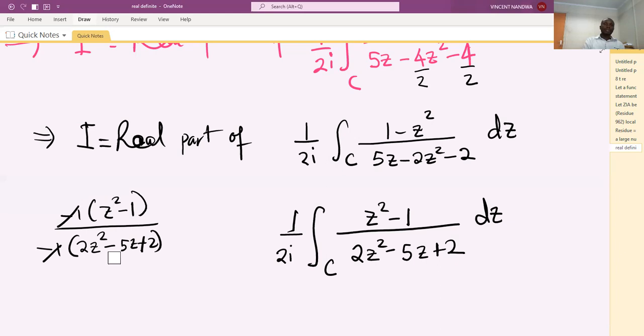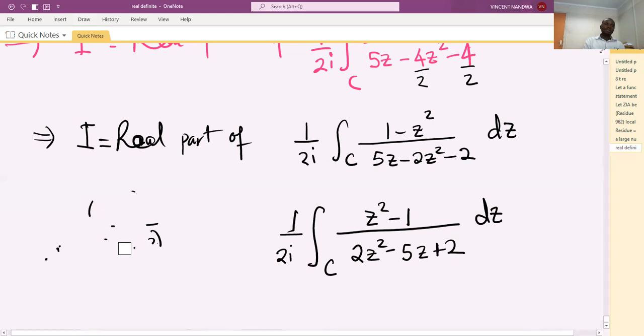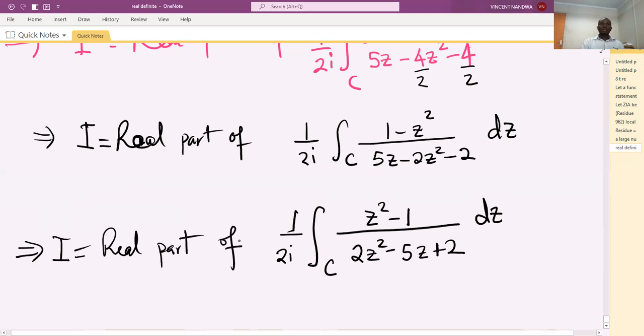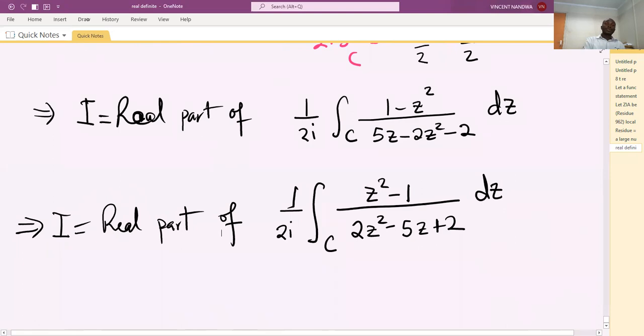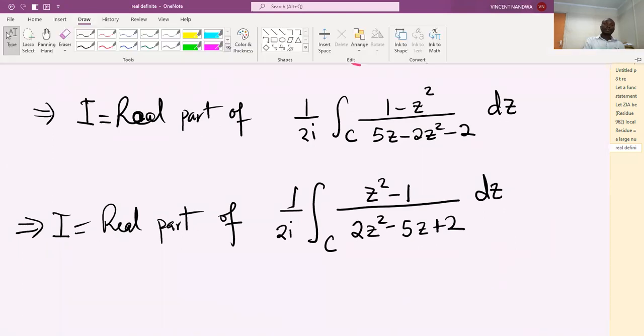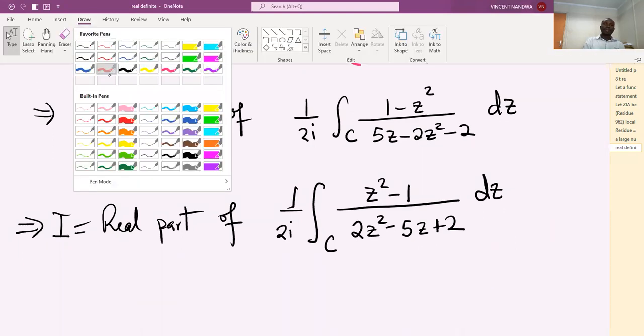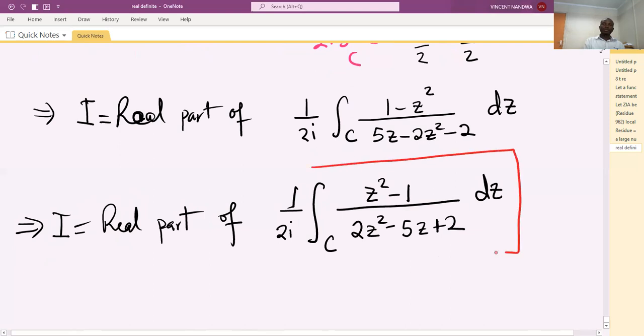So remember, this is the real part of this integral. So I is the real part of this integral. Let's call this portion I1.